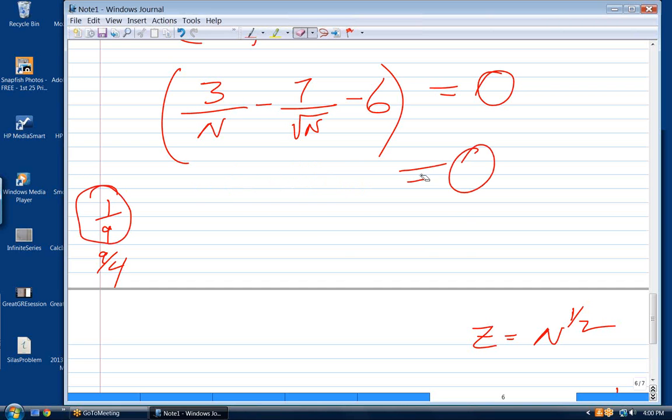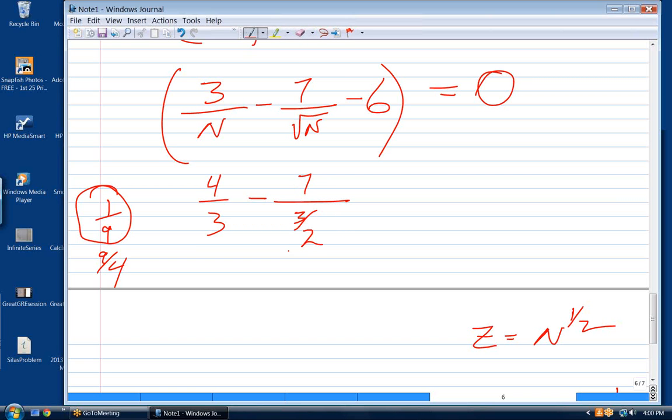Now let's try the other solution. Wouldn't necessarily do this every time, but in this case it's worth doing. So 3 divided by 9/4, what's that equal to? 4/9, so you get 12/9, which is 4/3. Minus 7 divided by the square root of 9/4, which is what? What's the square root of 9/4? 3/2.